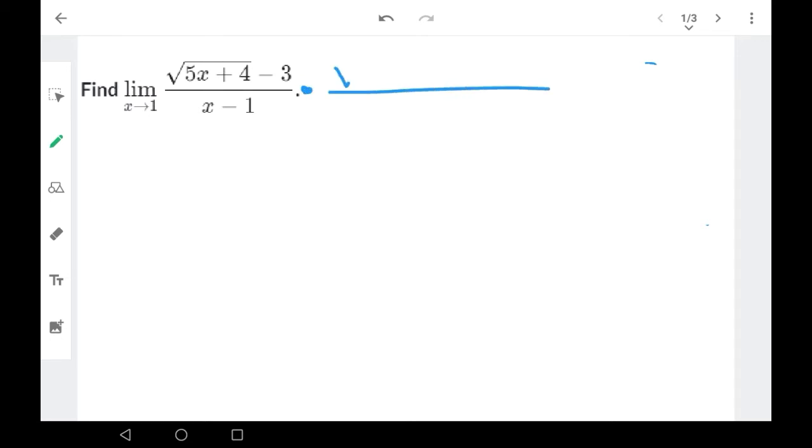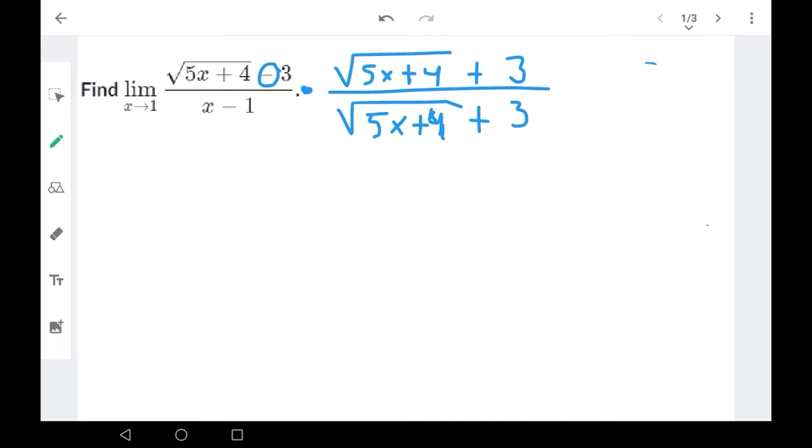what? The square root of 5x plus 4. But instead of this negative, the conjugate will be with a positive, plus 3. So this would be the square root of 5x plus 4, right? And plus 3. So this would be what? This would be equal to, here I have this expression, and this expression is the same here. And this 3 is the same as this other one. The only difference is the sign, positive and negative.